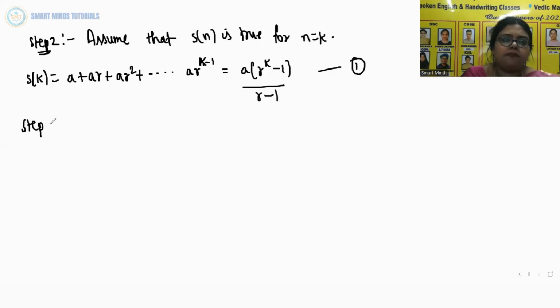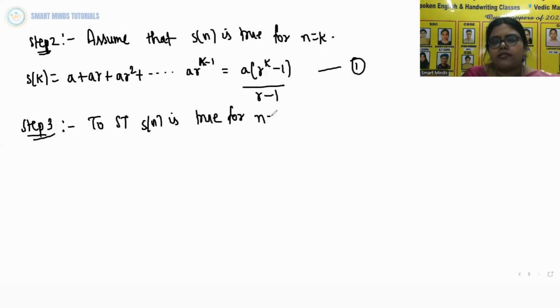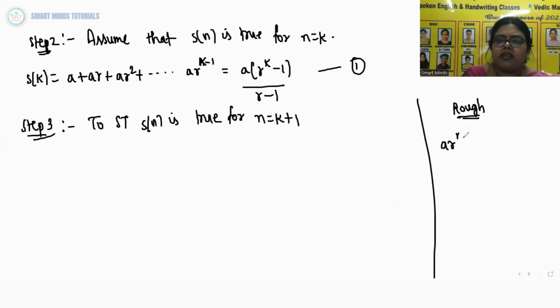Now step 3. Step 3 is to show that S of n is true for n is equal to k plus 1. Again take the rough column. In rough column you first write the nth term ar power n minus 1. Now in the place of n you put k plus 1. So k plus 1 minus 1, plus 1 minus 1 cancel, that is ar power k.